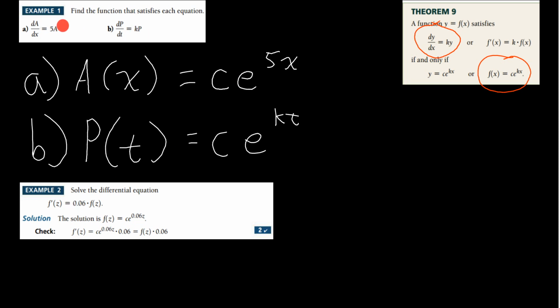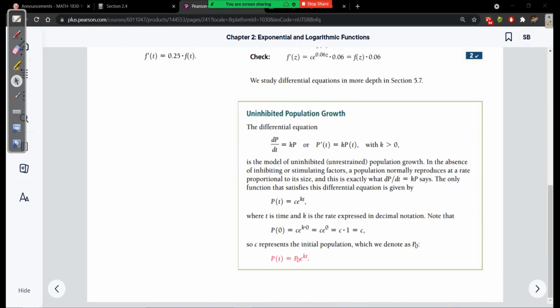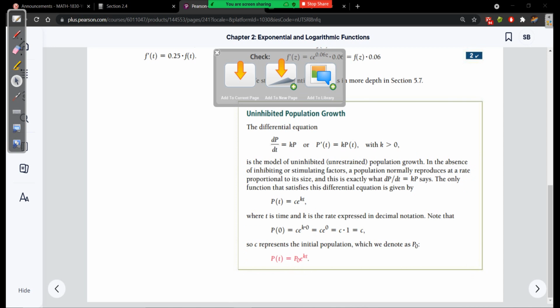And again, 5 for A, K for B. Here's 5, here's K. And then that's where the 0.06 goes. And then, of course, my variable z. And again, super duper easy. Like I said, now we're at 7.5 minutes, but on the homework, you're going to be done with that very quickly. But all that is needed to know what we're about to do now.